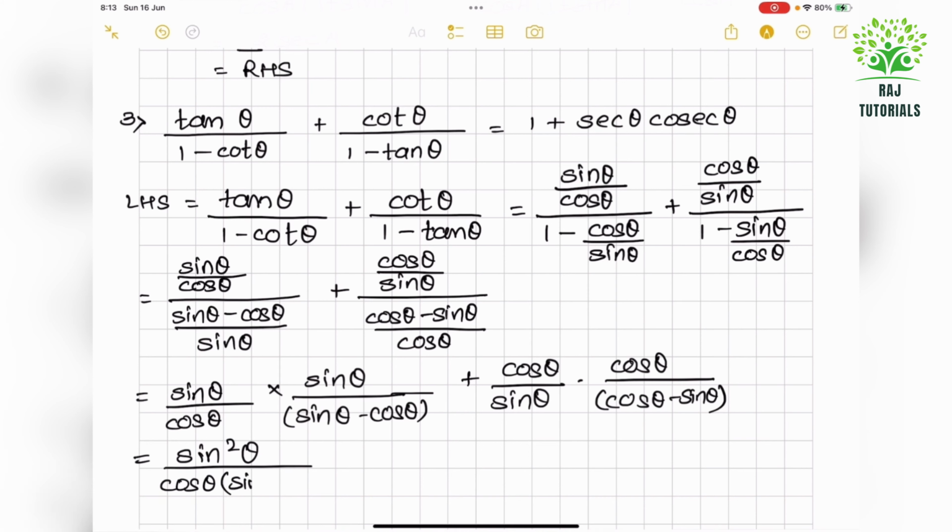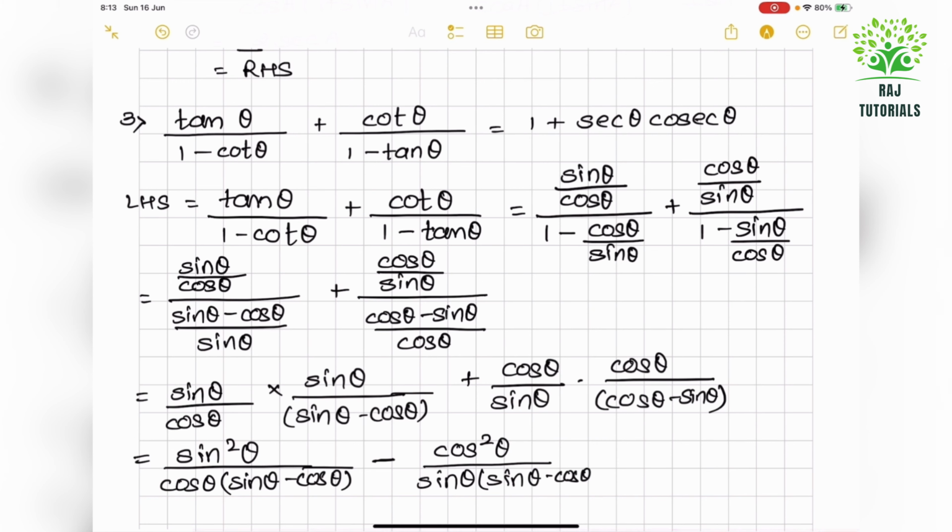Now here sin theta into sin theta is sin square theta upon cos theta into (sin theta minus cos theta). Now here it is cos theta minus sin theta. To make it sin theta minus cos theta, I have to take the minus sign out. So that minus sign I am bringing in the middle.